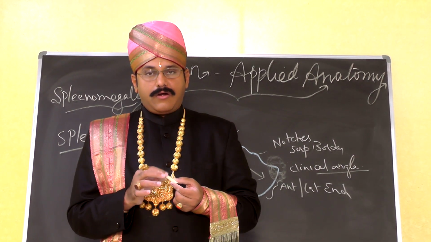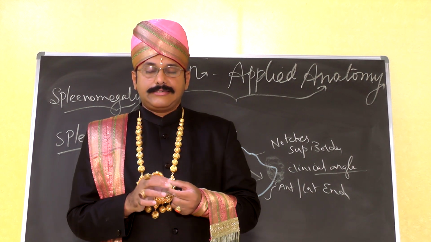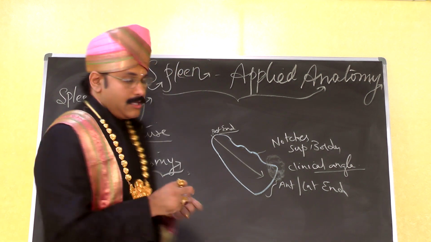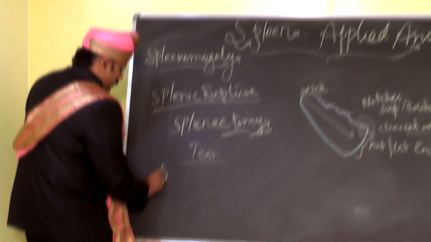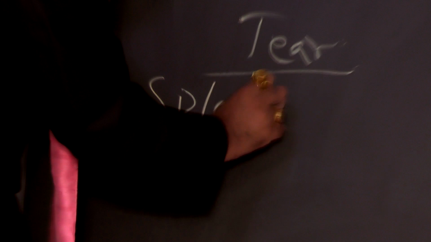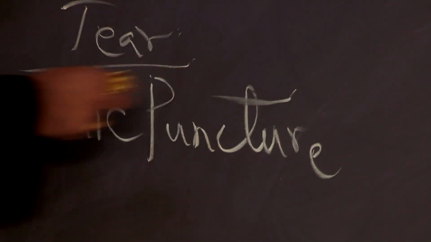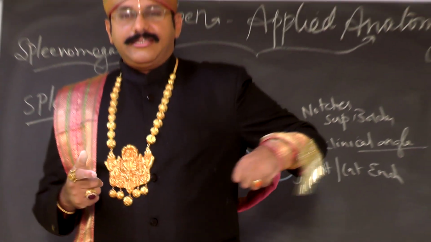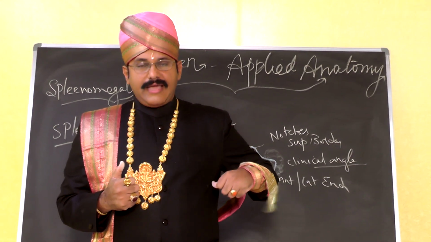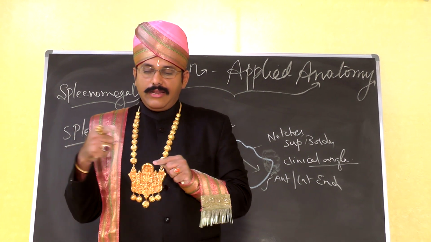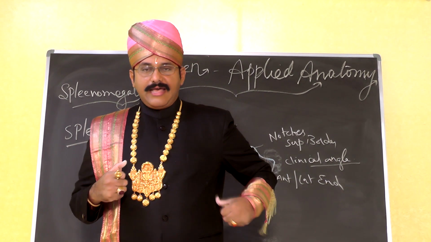We can record the increased pressure in the portal vein via splenic puncture. You use a lumbar puncture needle. You ask the person to hold his breath while you introduce the needle in the region of the left 9th or 10th intercostal space, via the mid-axillary line.